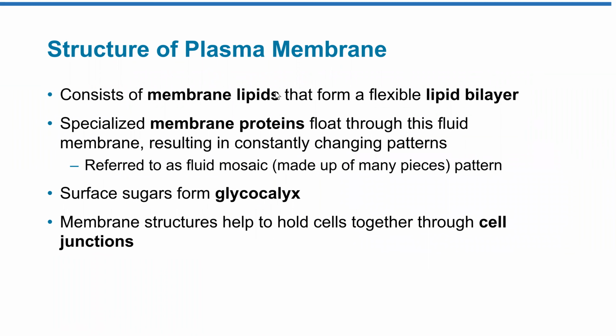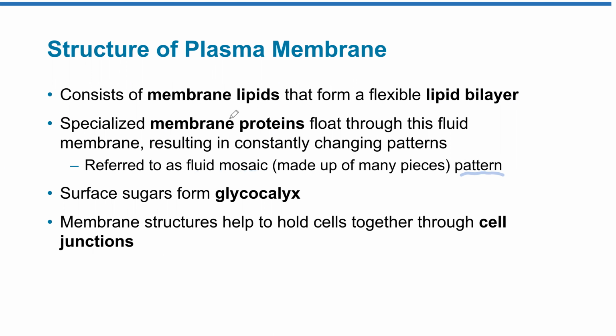Now, the structure of the plasma membrane. It consists of membrane lipids that form a flexible lipid bilayer, and specialized membrane proteins. So here's the first one, lipids, that create the lipid bilayer. Next, membrane proteins that flow through this fluid membrane, resulting in constantly changing patterns, referred to as the fluid mosaic pattern.